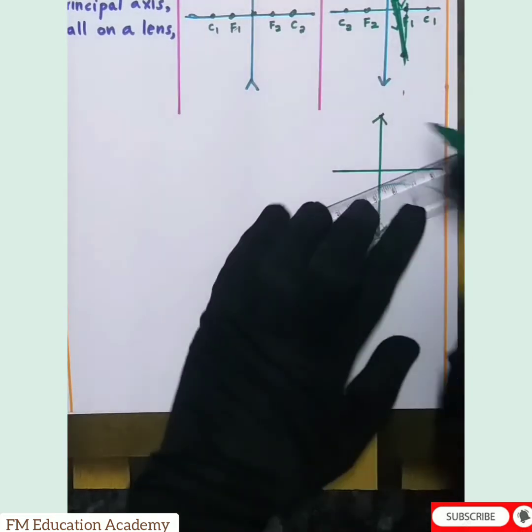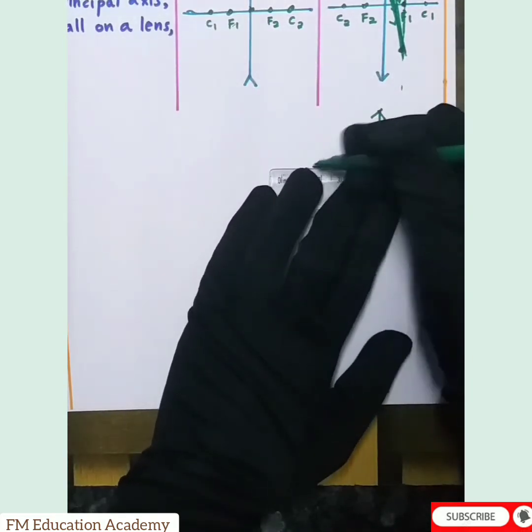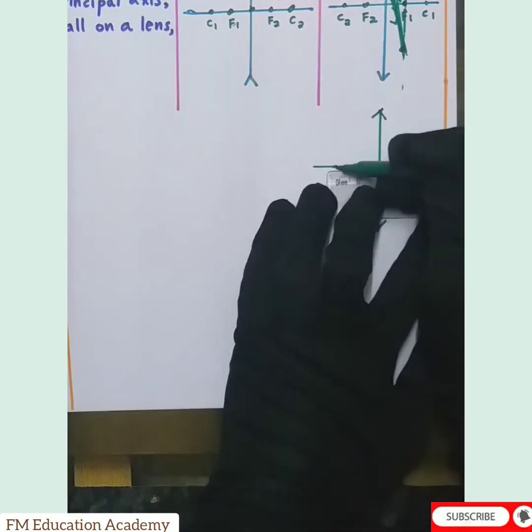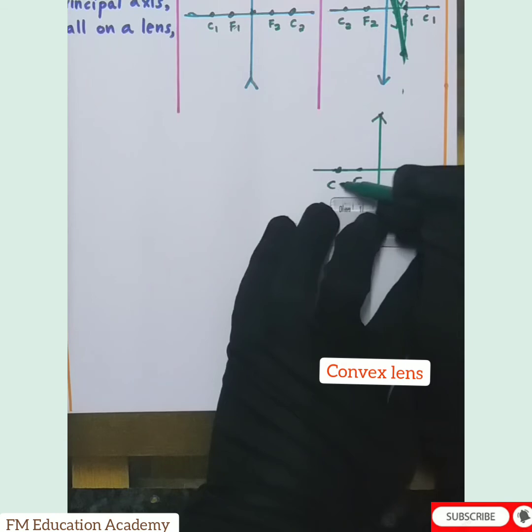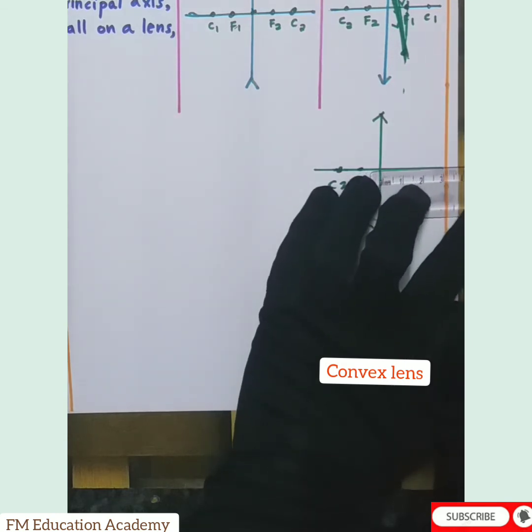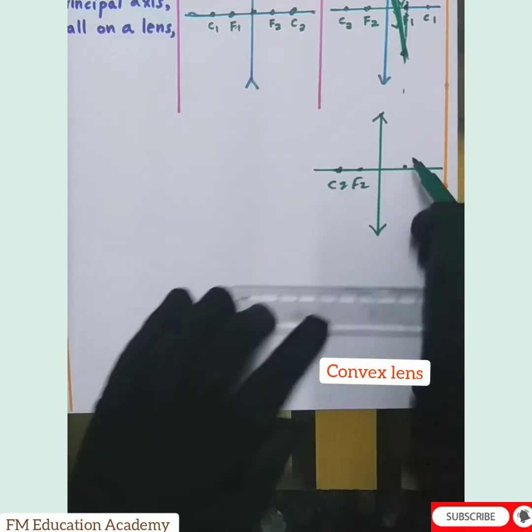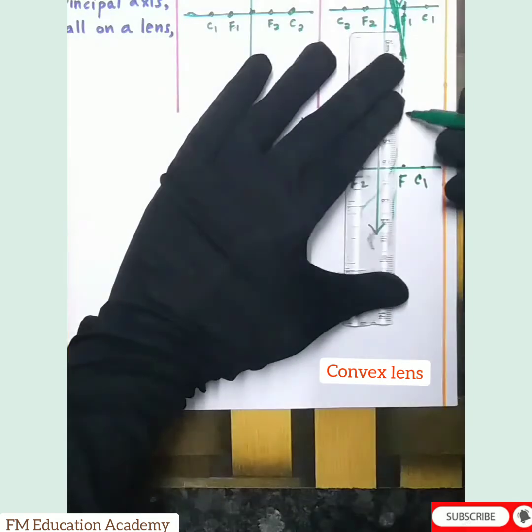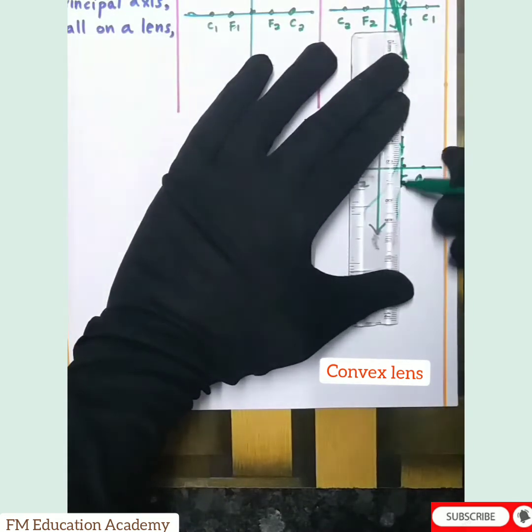Whenever you draw C1 F1, C2 F2, remember to take equal distance between them. Like here I have 1 centimeter between F2 and C2, and similarly 1 centimeter between C1 and F1. Let us suppose this is my focal plane.